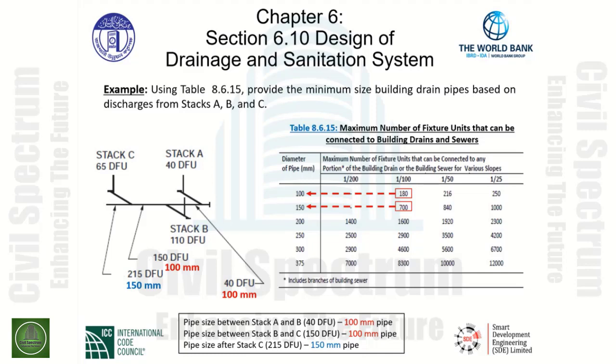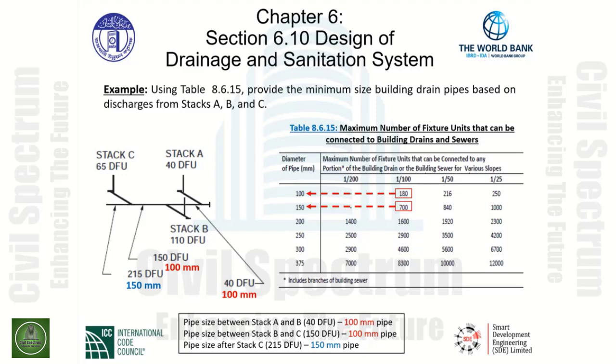Move down, we need at least 150 drainage fixture units, and as you can see, it's the same value that we used previously, 180. Move to the left-hand side, and that pipe between stack A and stack C is 100 millimeters. That is sized adequately to take that fixture unit value.